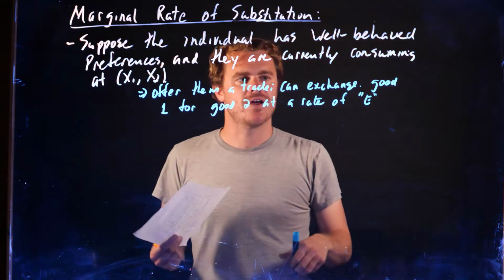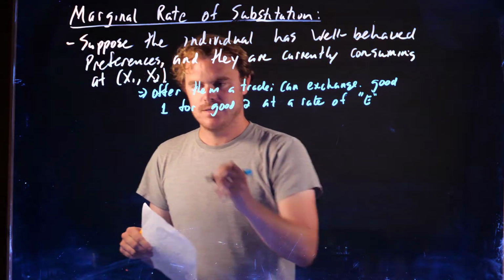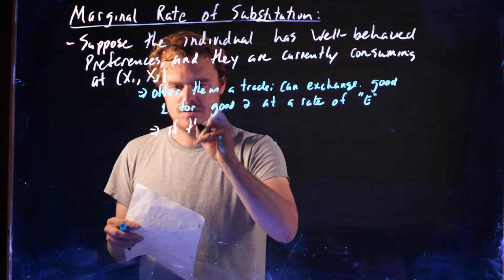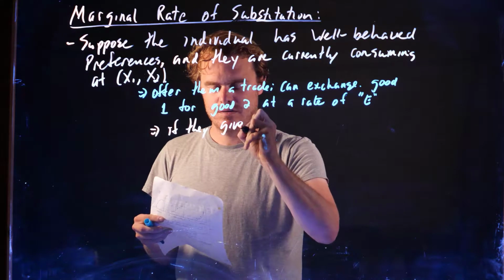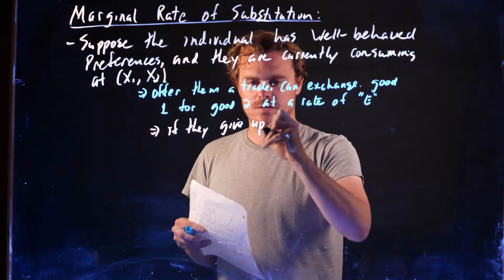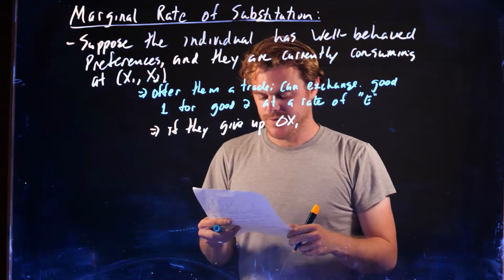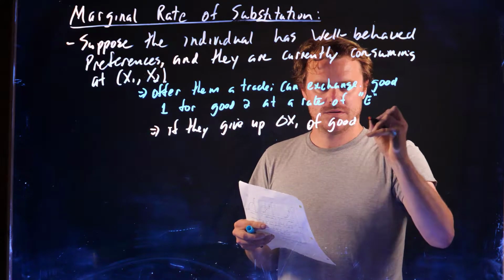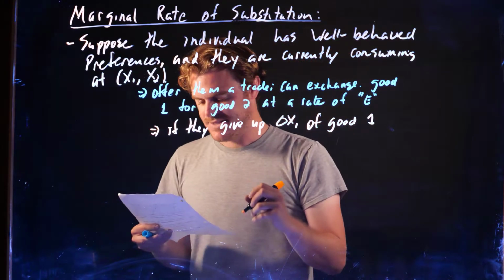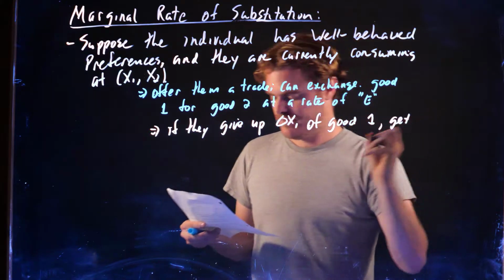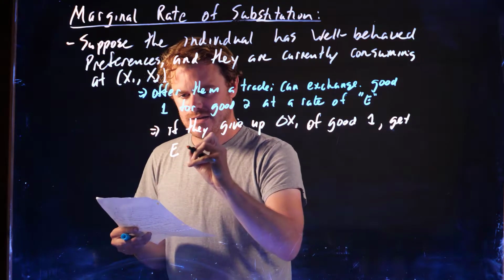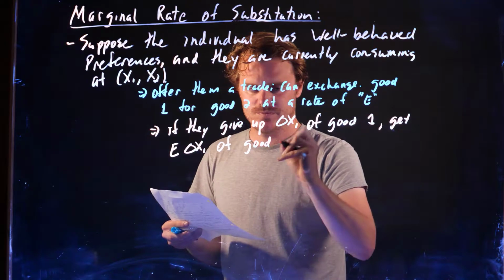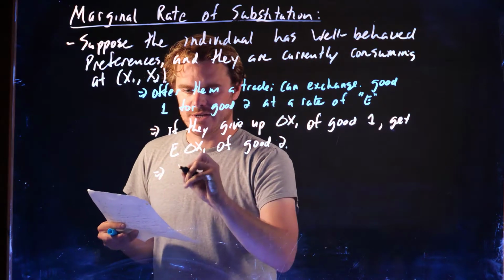E is this exchange rate. So what does this mean? Well, it means if they give up delta x1 of good 1, they can get E times delta x1 of good 2. And vice versa.